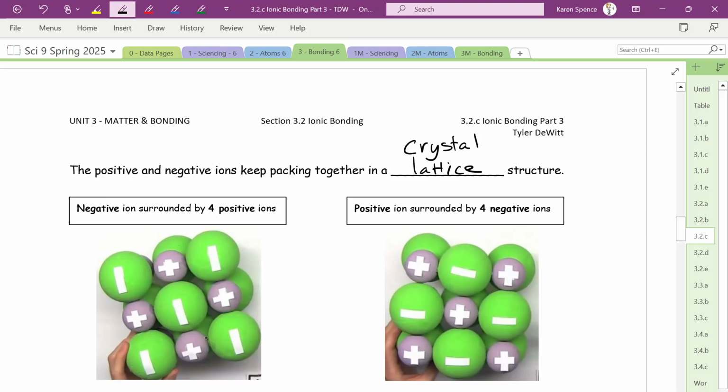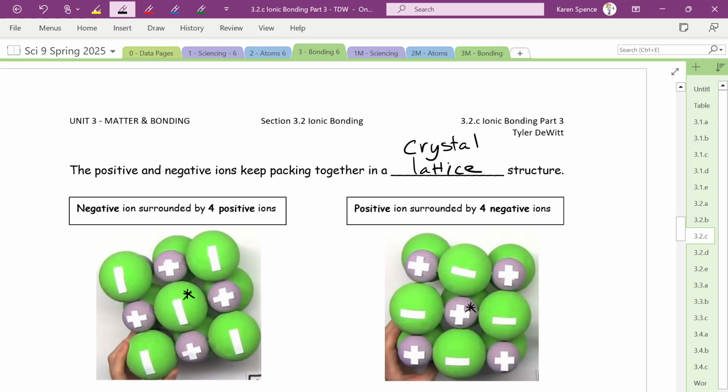And you'll notice here in this first one, we have a negative ion, this one here. It is surrounded by 4 positive ions. When we look at this positive ion over here, it is surrounded by 4 negative ions.